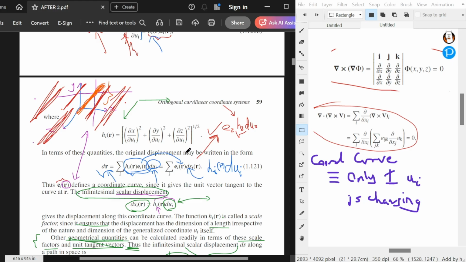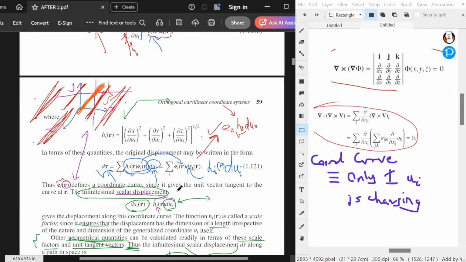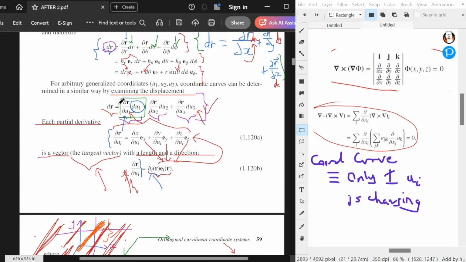In terms of these quantities, the original expression may be written in the form of the sum over i equal r, theta and phi of e_i of r ds_i, where ds_i is the magnitude of the partial multiplied by du_i from the original expression here.